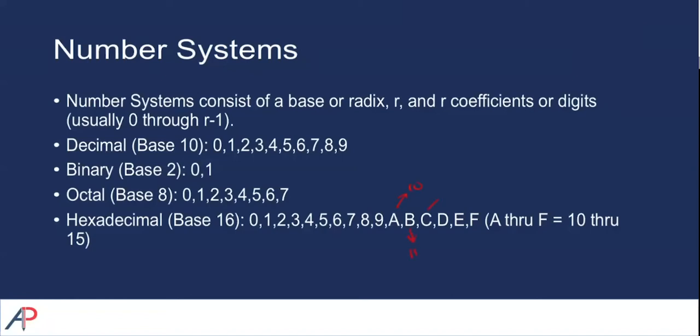B is 11, C is 12, D is 13, E is 14, and F means 15. You'll see these letters popping up here and there in a hexadecimal system, but these represent numbers. A means 10, all the way up to F, which is 15.